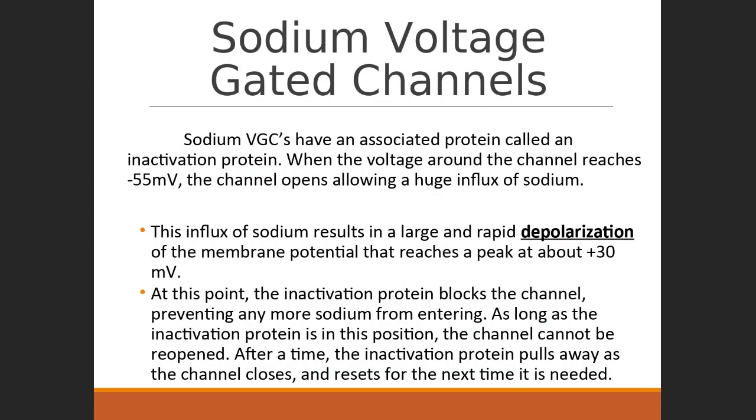The sodium voltage gated channels are the first ones to spring into action. And if you saw on the other diagrams, we said that the threshold to get an action potential was minus 55 millivolts. Well, secretly, that was for the sodium voltage gated channels. The threshold of a sodium voltage gated channel is minus 55 millivolts.